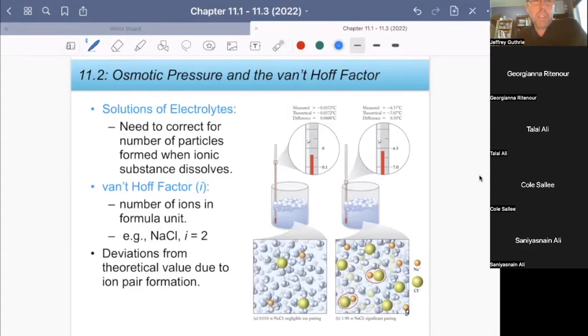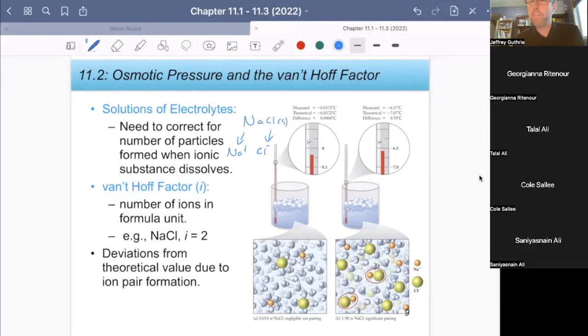The difference with something ionic, like sodium chloride, is that it is going to break up. Sodium chloride is an ionic solid, but when it dissolves in solution, we get an Na plus and a chloride minus. So if we dissolve 1 mole of sodium chloride in water, we now have 1 mole of sodium and 1 mole of chloride.